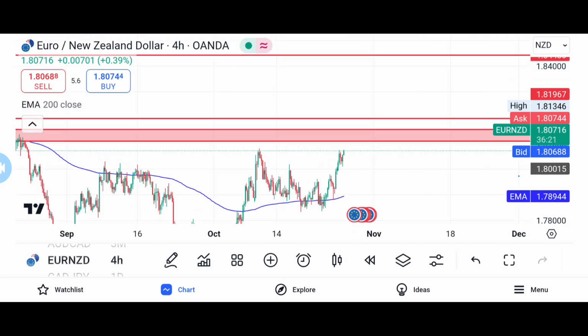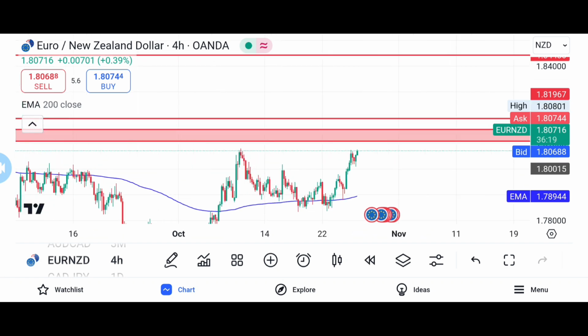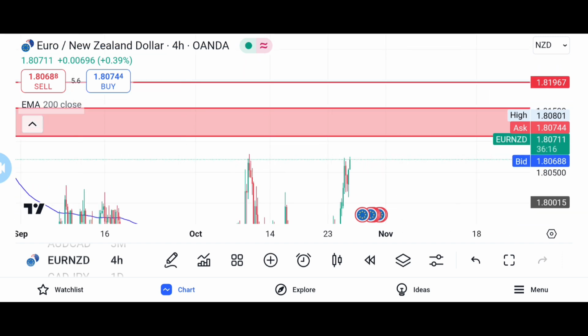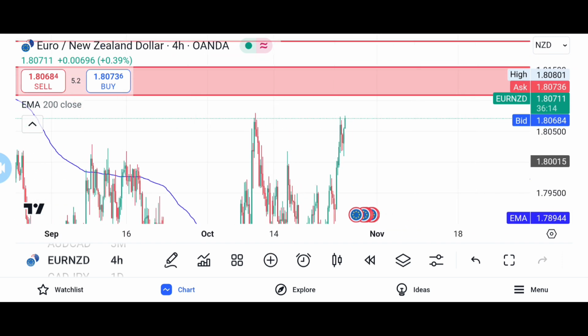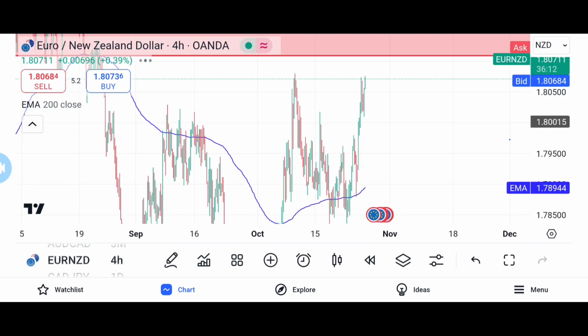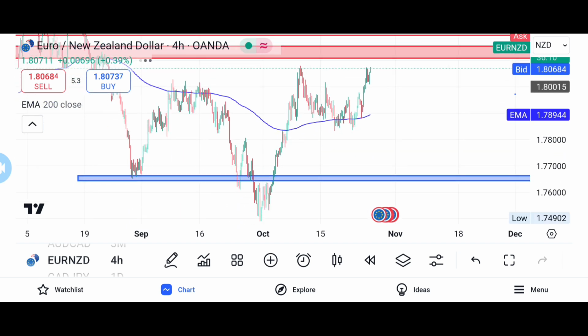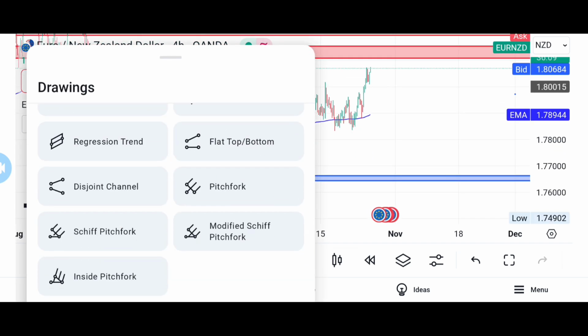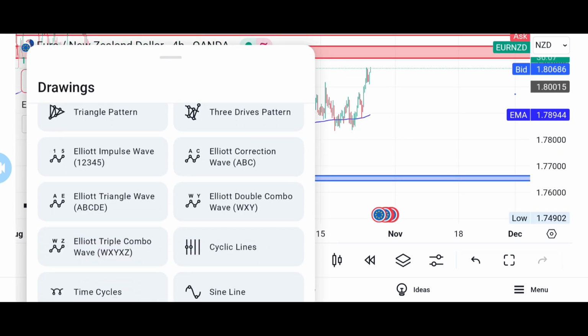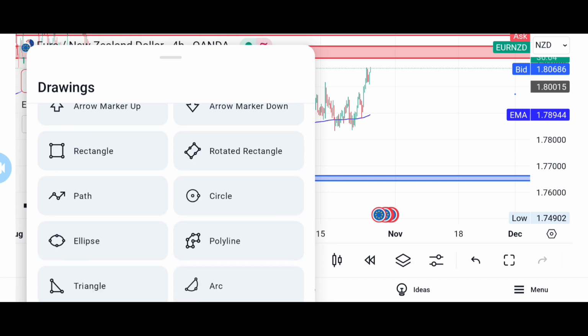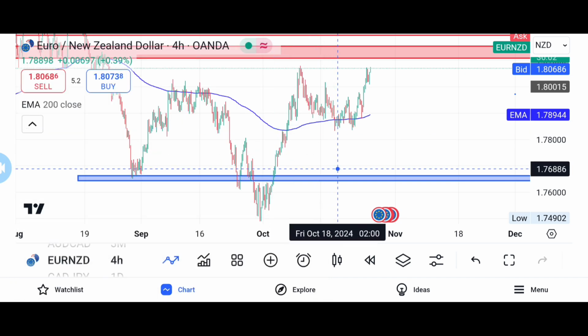If you see those two patterns from these time frames, be sure we are going down, and we'll be aiming at this point.